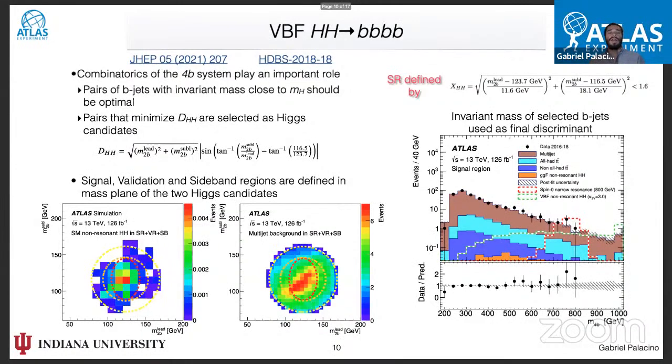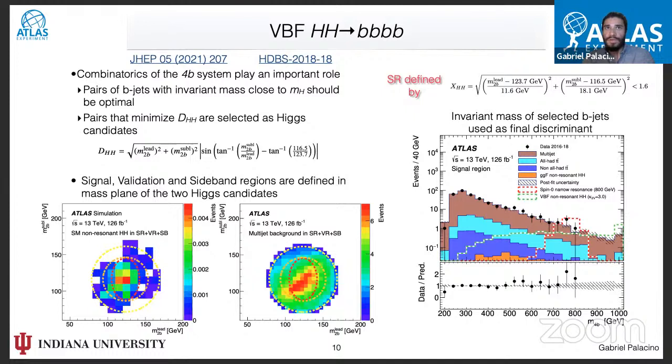So as I just mentioned, one of the things that has to be done here is define these Higgs candidates. You start from these 4 B jets, and then you have to figure out what's the right combinatorics in order to get the right Higgs candidates. So in principle, what you would like to have is two pairs of B jets that are consistent, or as close as possible, to the mass of the Higgs.